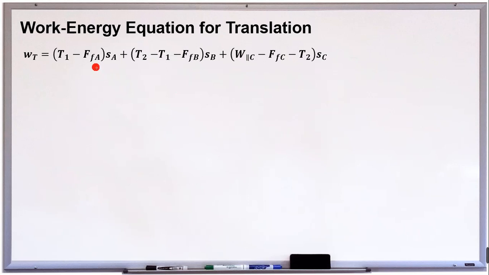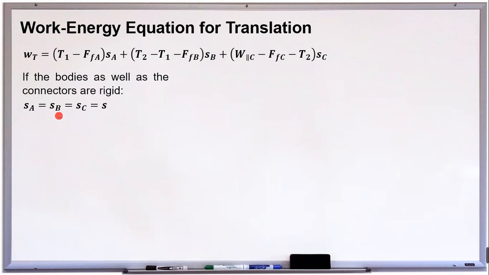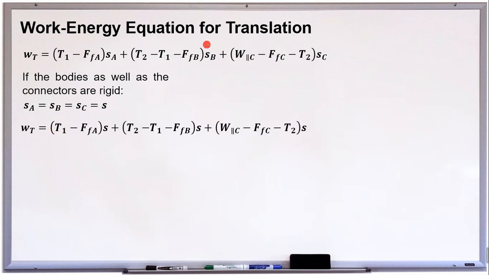Next, we are going to simplify this one, but before that, we are going to consider this assumption. If the bodies as well as the connectors are rigid, meaning they don't have any elongation, or the ropes or the connectors do not elongate as the system moves, we can say that the displacement for block A is the same as the displacement of block B as well as block C. And if that is the case, we will assign the displacement of each block simply as this small letter S. Next, we are going to substitute this one in our equation right here.